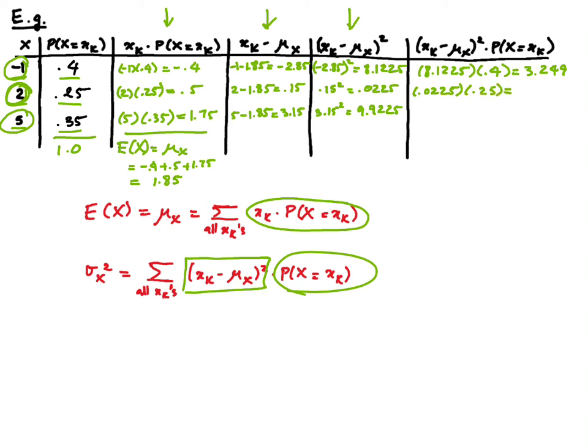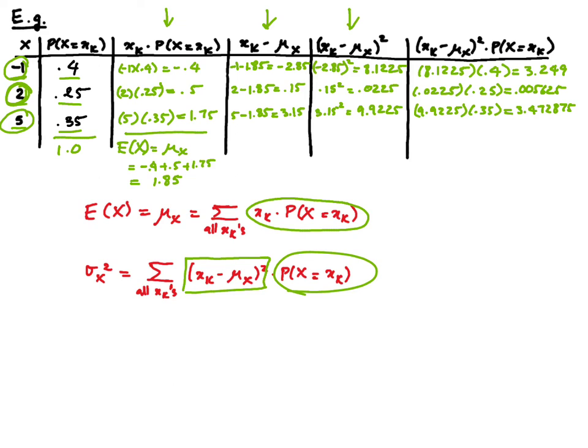That gives you 0.005625. And then for the last value, you're going to have 9.9225, and you multiply that by 0.35. That gives you 3.472875.